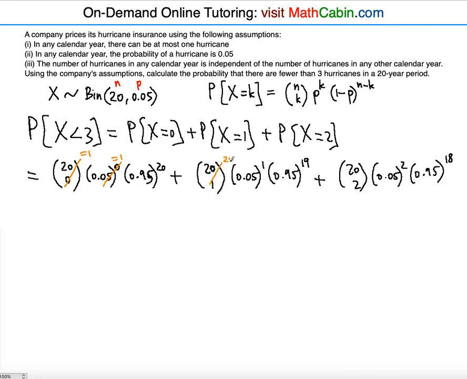So the first part is just 0.95 raised to the 20th power. 20 choose 1 is just 20. If you have trouble finding this, you can use your calculator.